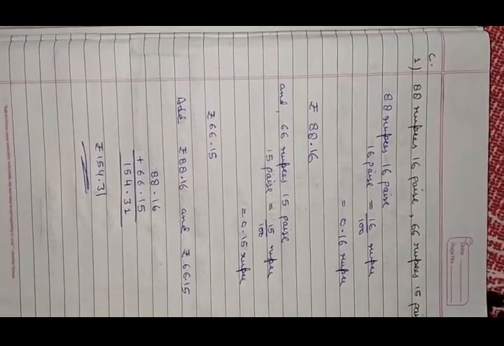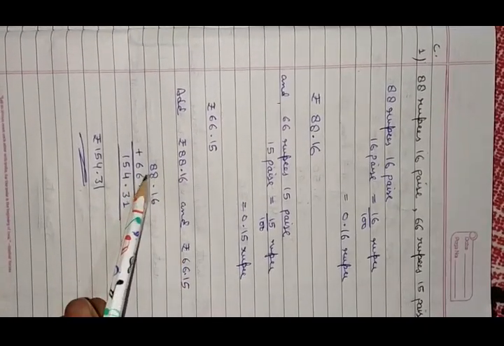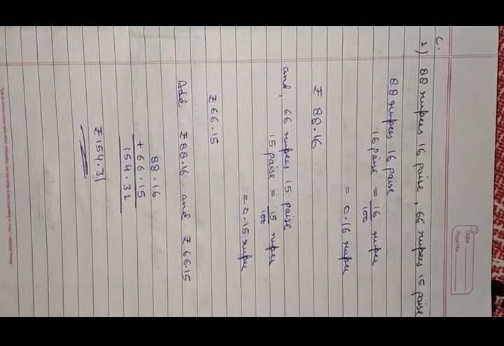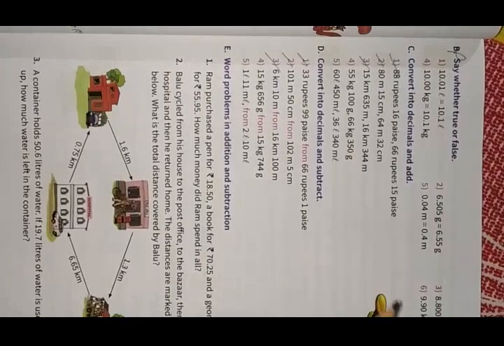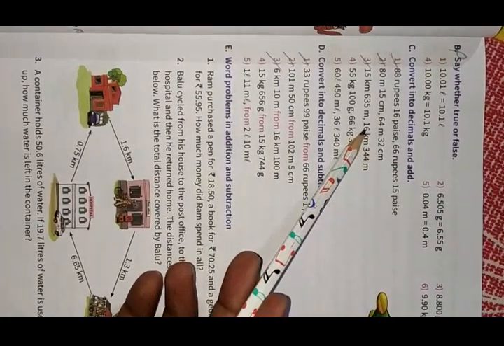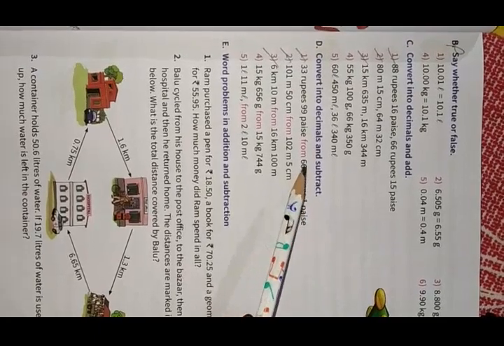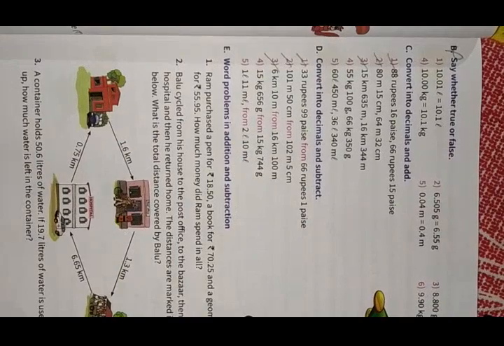Now we can add these 2 numbers. So the answer is 154.31 rupees. You can do the other parts, and in D you have to subtract. The process is the same.